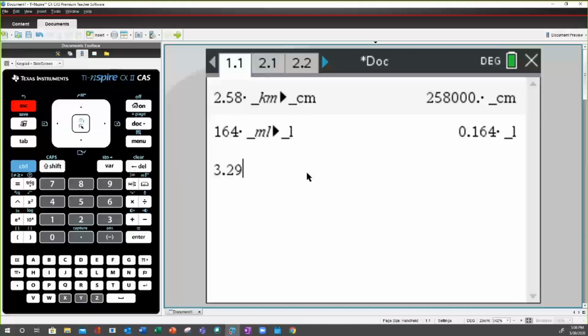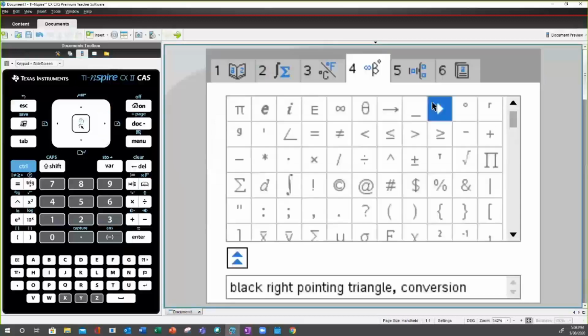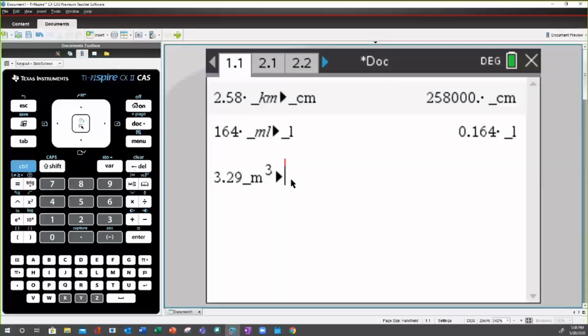But we know metres cubed is just metres to the power of 3. So you can simply write that in, and that's fine. The CAS will understand that. And then go to your catalogue, do your conversion, and we want it in centimetres cubed. So underscore centimetres cubed. There we go.